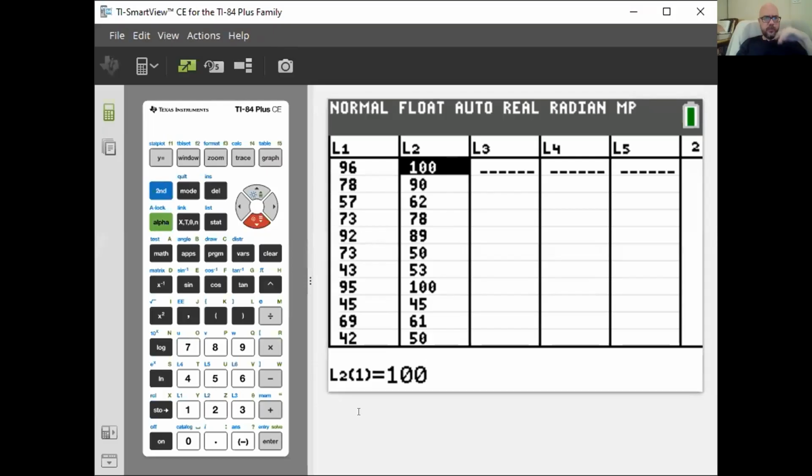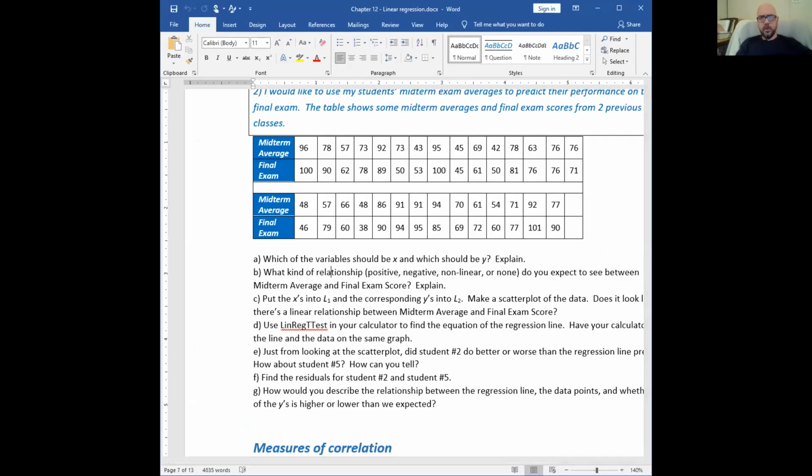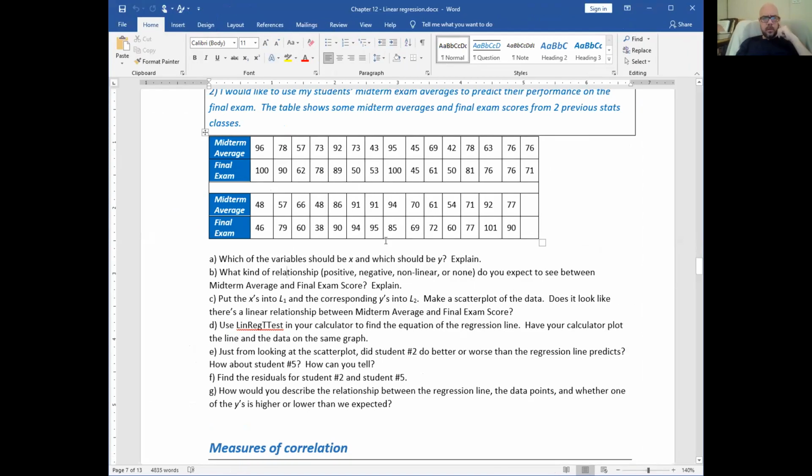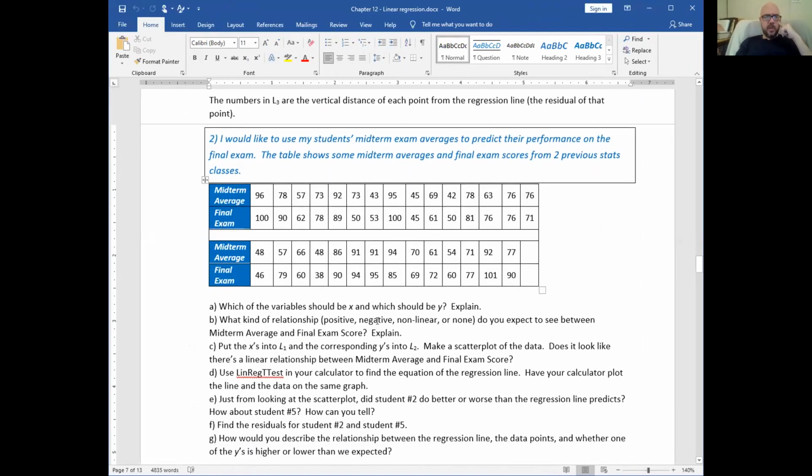Where am I at here? There we go. All right. So here's my question and data. Which of the variables should be X and which should be Y? Again, we want to think about what we're trying to predict and what we're trying to base that prediction on. The thing that we're trying to predict in this case is the final exam score, based on somebody's midterm average, right?